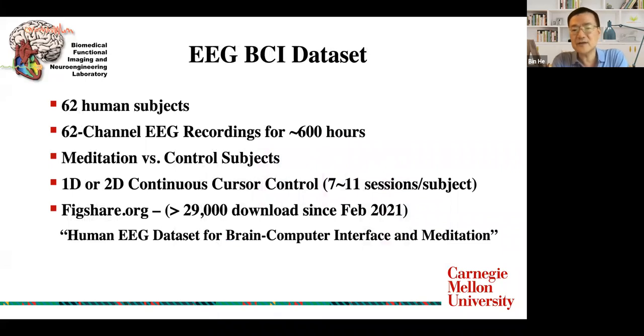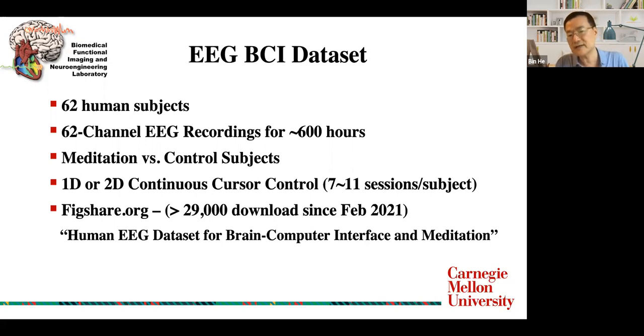I want to take this opportunity to share with the scientific community that we have made our EEG BCI database public. The database contains 62 human subjects with 62 channel EEG recordings for about 600 hours, including meditation subjects and control subjects, with 1-dimensional continuous cursor control and 2-dimensional continuous cursor control.